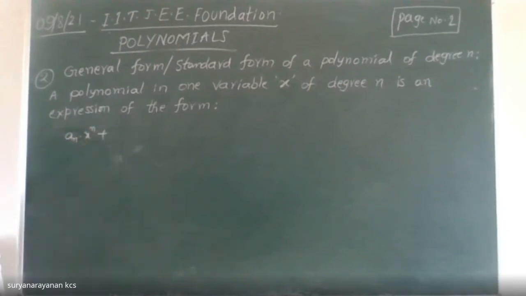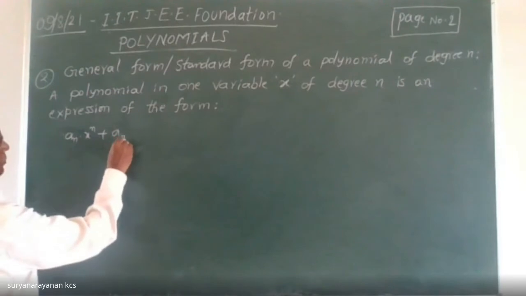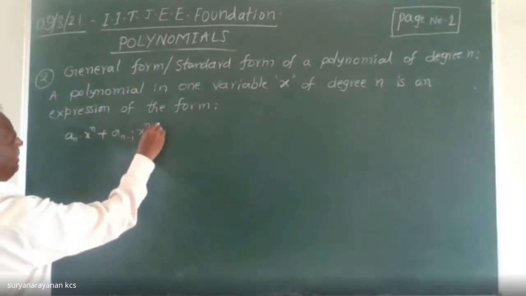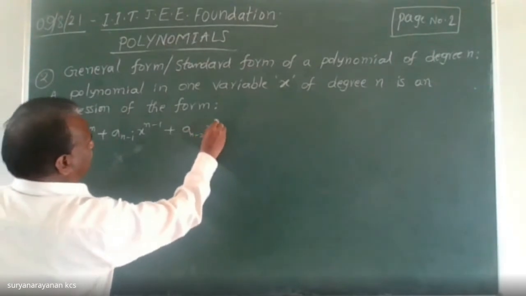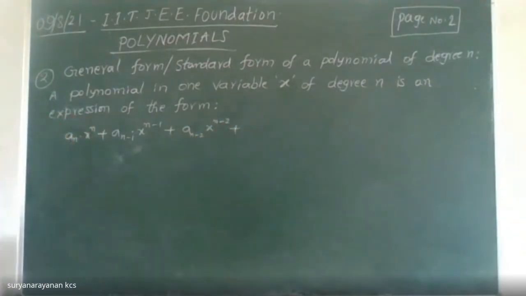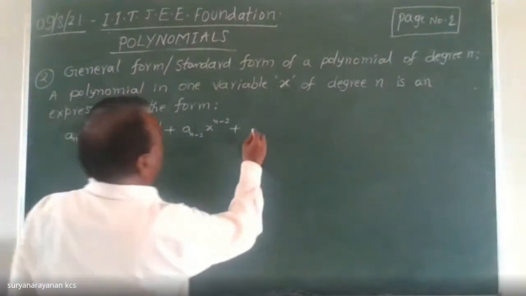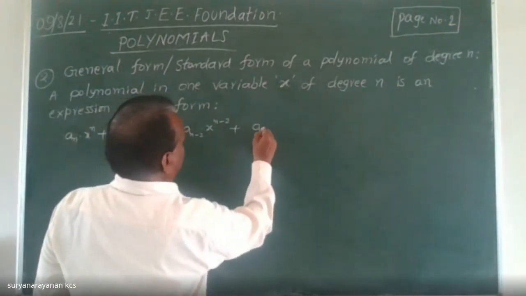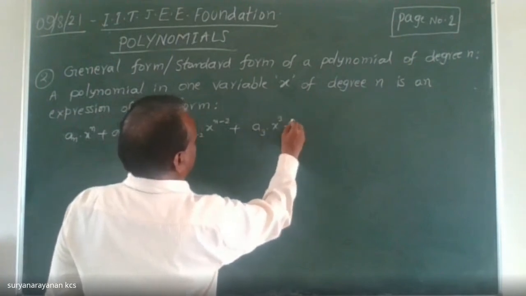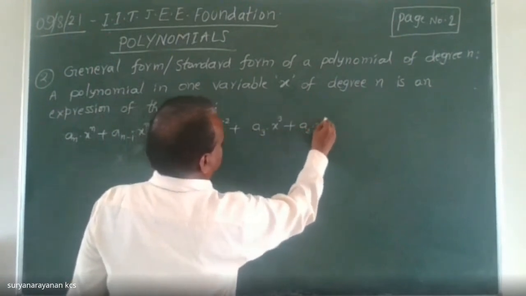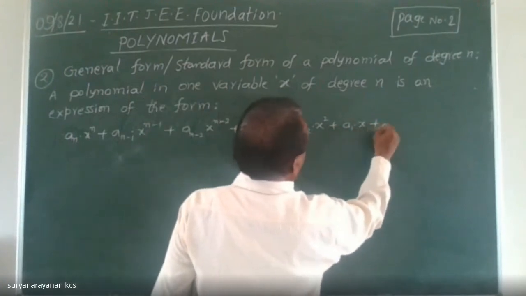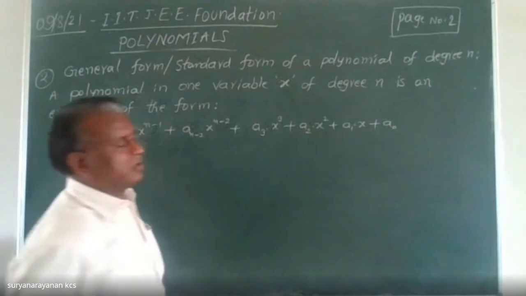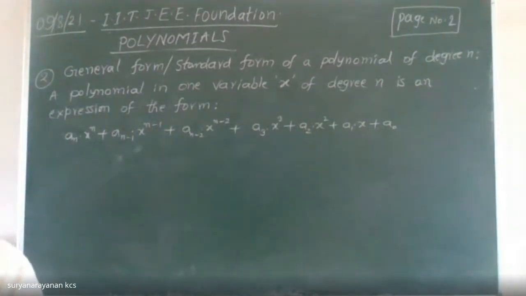a n x to the power of n, a n minus 1 x power n minus 1 plus a n minus 2 x power n minus 2 plus and so on, a3 x cube plus a2 x square plus a1 x plus a0.